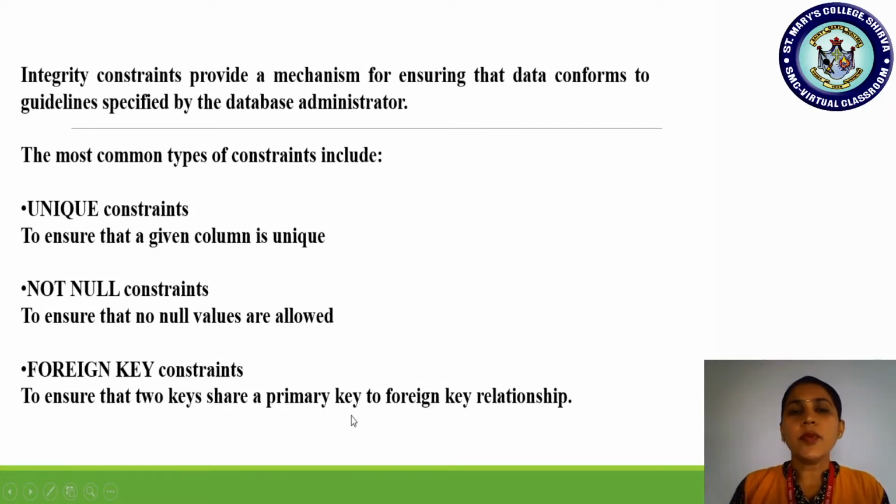Integrity constraints provide a mechanism for ensuring that data conforms to guidelines specified by the database administrator. So what is the advantage of having integrity constraints? I had already mentioned that in a database, for example, the company database, we found many relations like employee, department, project, many such relations.